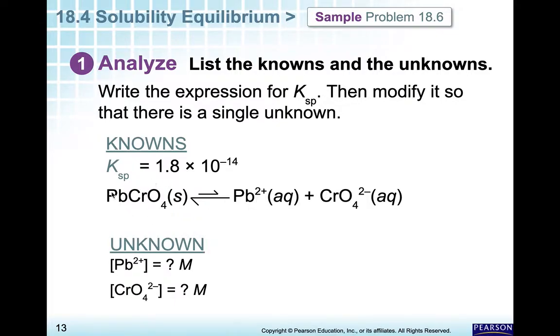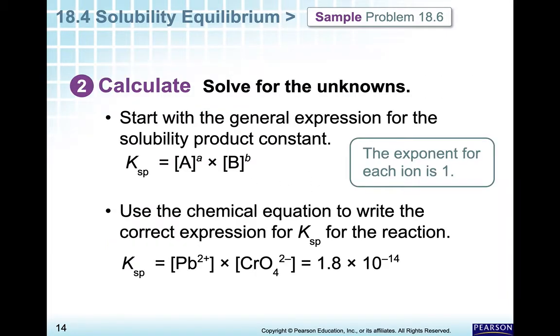If just one molecule of this split up in water and dissolved, we'd make one lead, one chromate. We can't somehow make more lead than chromate, right? They're coming from the same compound. We have to have an equal number of each. Stoichiometry tells us the same thing. They've got the same coefficient. We're producing equal amounts of them.